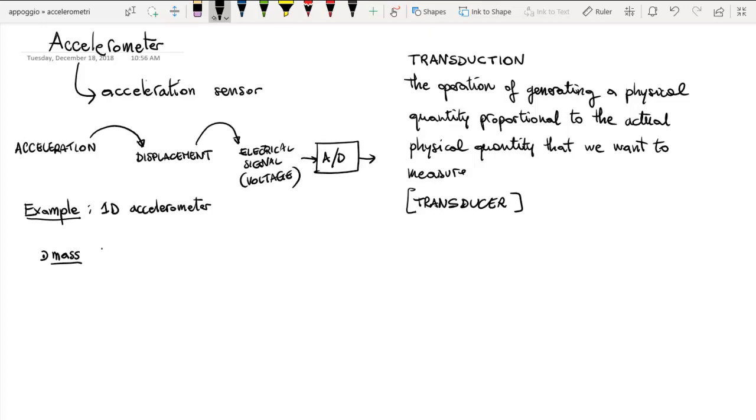We call it M, a spring with an elastic constant K, and then we need some damping term.